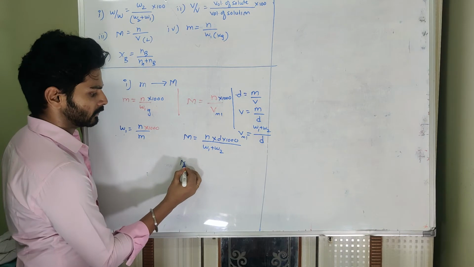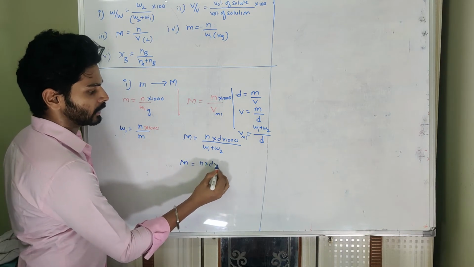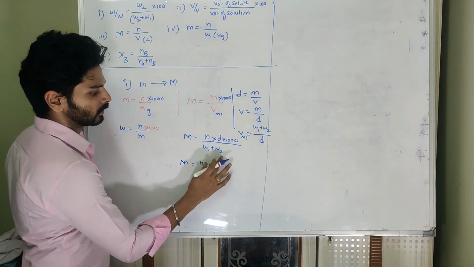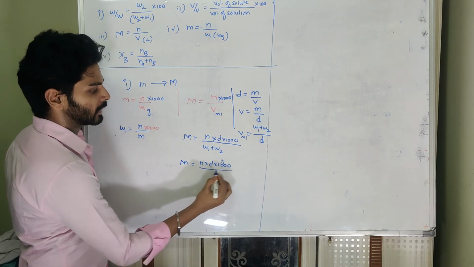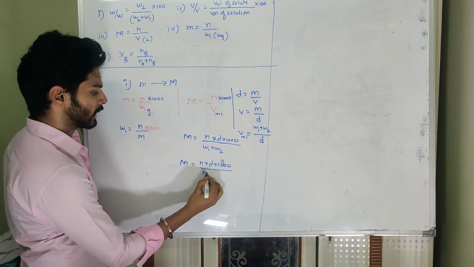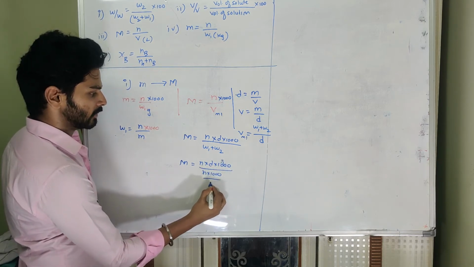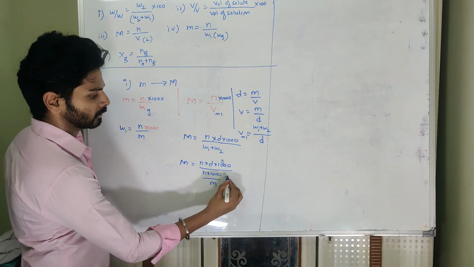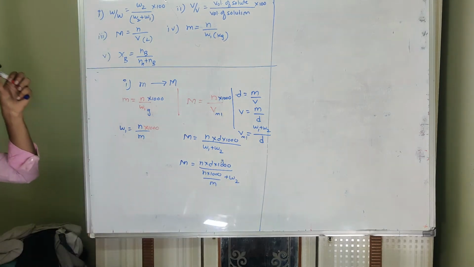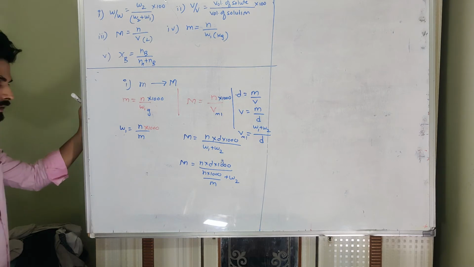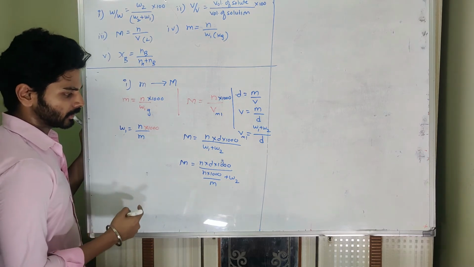So M is equal to N into D into 1000 divided by W1, which can be written as N into 1000 divided by molality plus W2. So let us rearrange this. I'll take this one here.